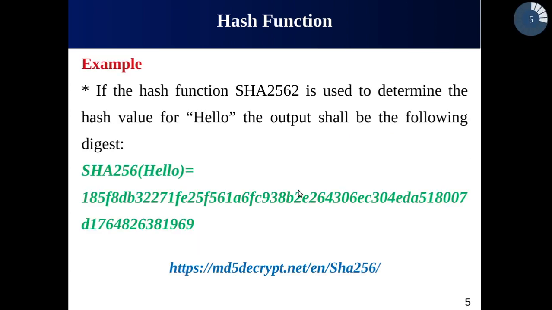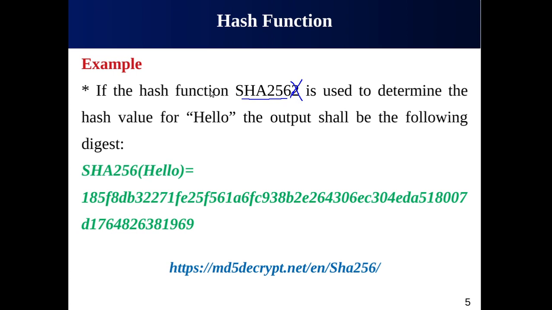Let us see an example of how a hash function works. There are different hash functions available. One of them is known as SHA-256. This too is mistakenly written over here. No, yes, this is SHA-256.